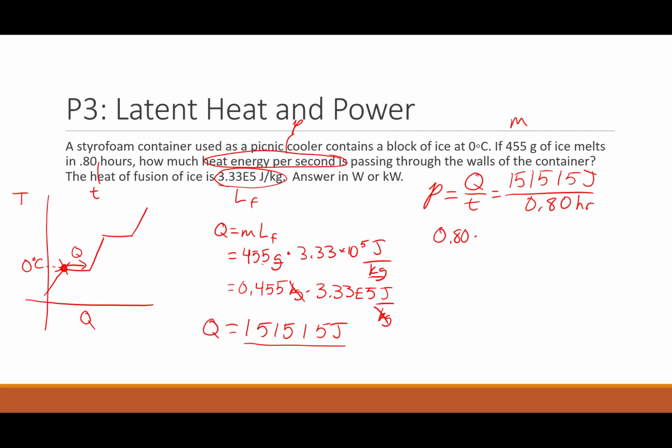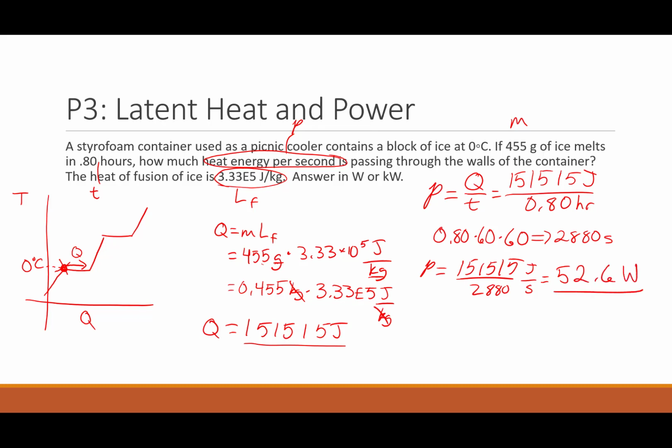There are 60 minutes in an hour and 60 seconds in a minute. So that's going to give us our time in seconds. 2880 seconds. So our power is then 151515 over 2880 joules per second, which gives us 52.6 joules per second, or 52.6 watts.